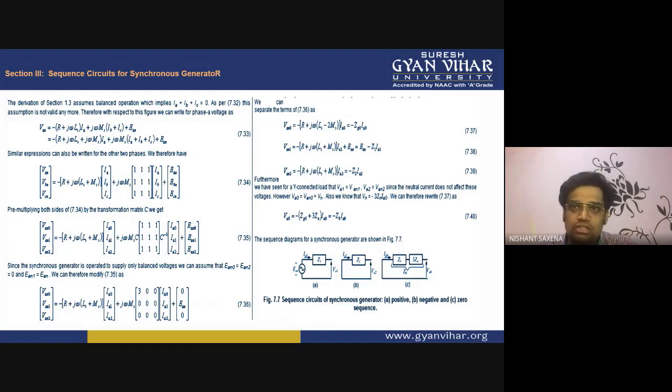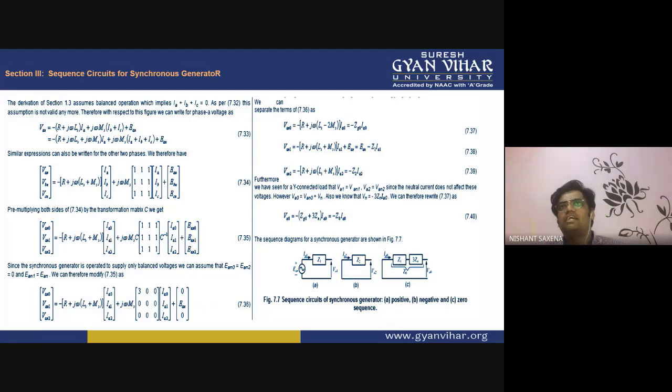Only the positive sequence voltage EAN1 will exist. So if we modify equation 7.35, we get VA0, VA1, VA2 equal to minus of R plus j omega Ls plus Ms times IA0, IA1, IA2, plus j omega Ms times 3 into the matrix IA0, IA1, IA2, plus only the positive sequence component.